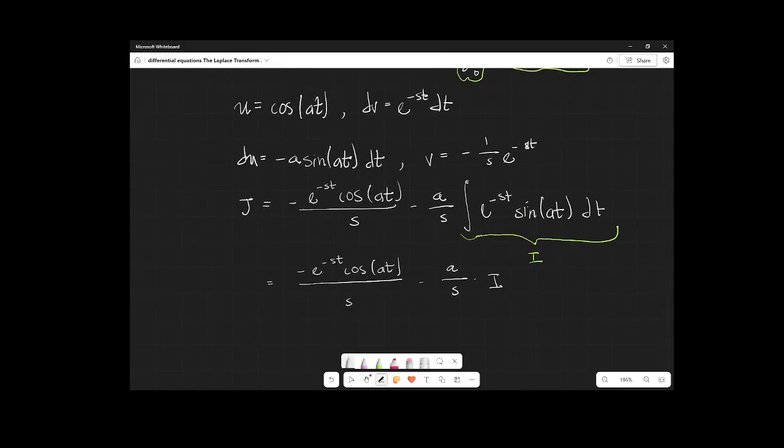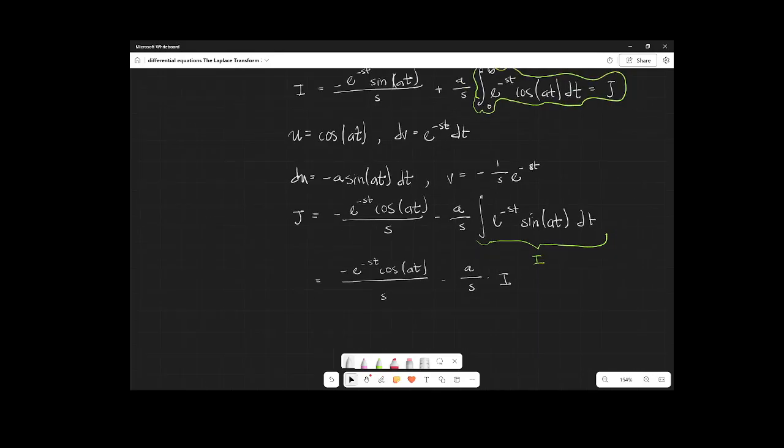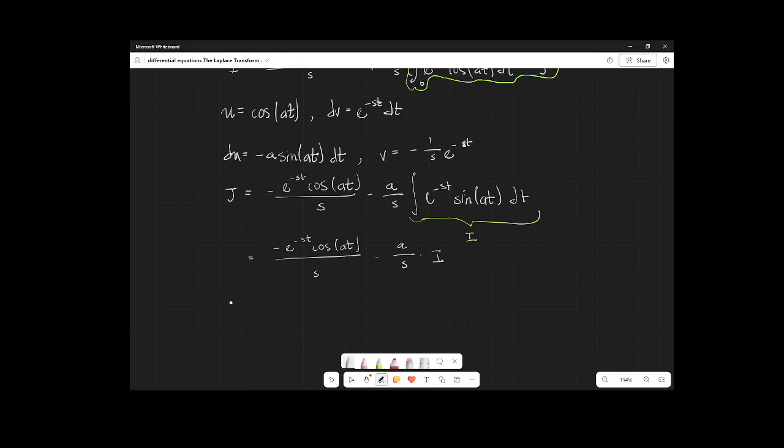All right, so now that I've recast it that way, we basically can then substitute this back into the first result. So that's going to be putting that back in. We say that I equals e to the negative st sine of at over, and I believe this is negative, yes, s, minus, plus a over s times negative, right?